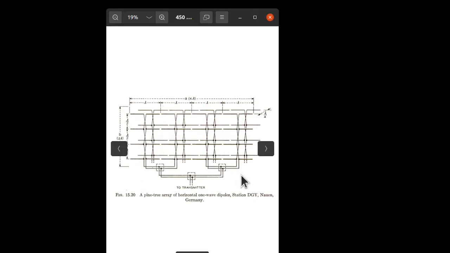So 32 phased by these relationships at the transmission lines. They're being crossed in this regard. So there's heavy transmission line application here to these phased arrays of dipole elements.